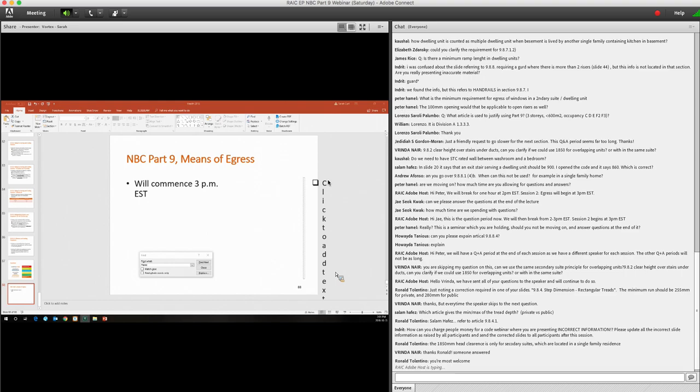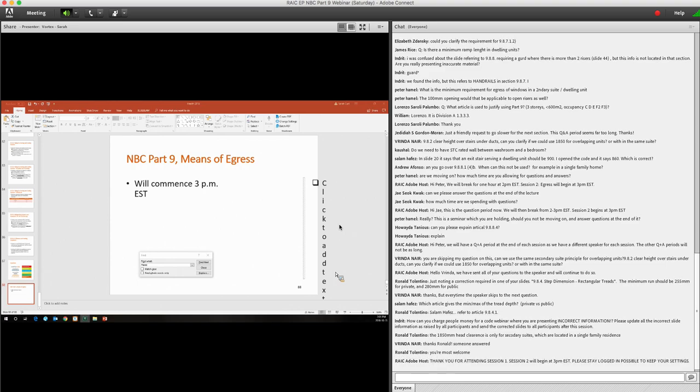Okay. Sorry, there was one more question, and I will address that one before we get on. There was a comment that there was some incorrect information. I believe there were maybe some questions on the requirements for intermediate handrails. I do apologize in advance if there was any incorrect information provided.